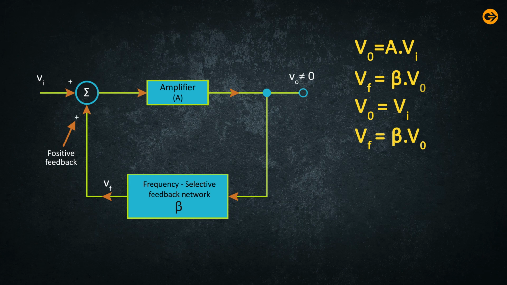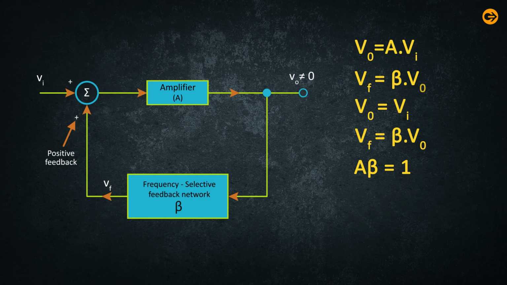For the oscillator, we want that the feedback should drive the amplifier. Hence, Vf, that is the feedback voltage, must act as an input voltage. Therefore, we can say Vf is enough to act as Vi when A beta equals 1.